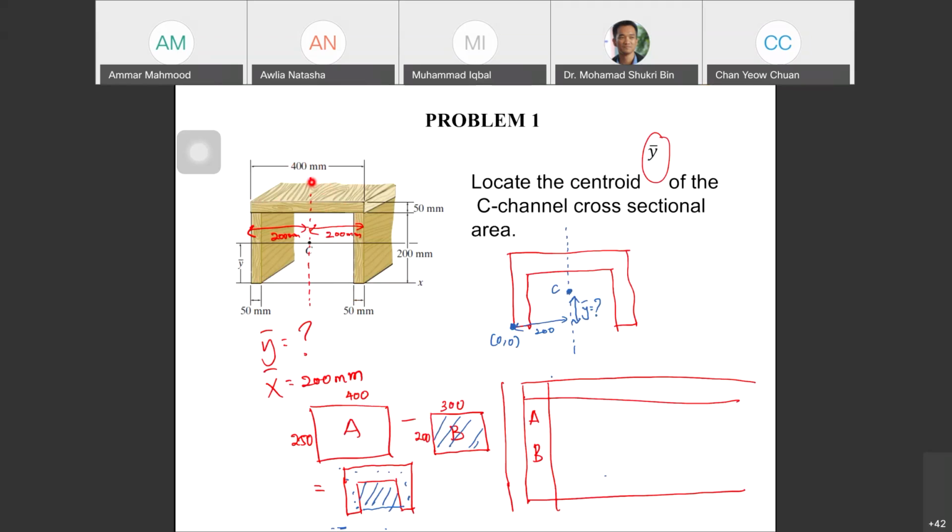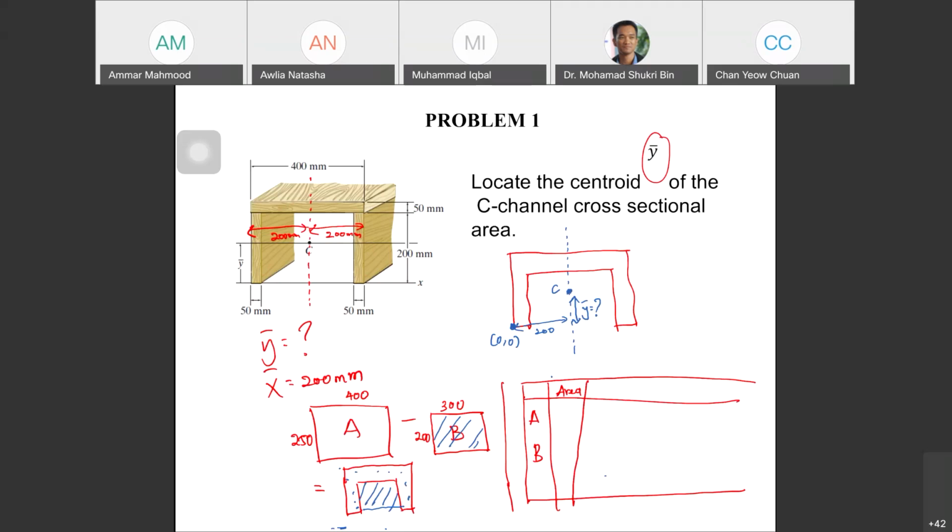400 times 250, 200 plus 50, so you get 250 here. Minus 300 times 200. 300 because 400 minus 50, you got 300. And 200 is simply the measurement for this part. So this one is the area.